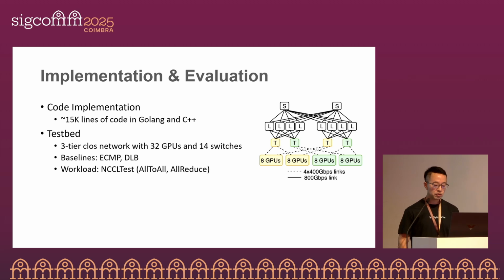The baseline algorithms to compare against SGLB are ECMP and DLB. So DLB is just another load balancing scheme provided by the SOTA, which is the state-of-the-art Ethernet switches. The difference between DLB and GLB is that DLB only looks at the local queuing status instead of the global queuing status. And the workload being tested is the NCCL test with all-to-all and all-reduce collectives.